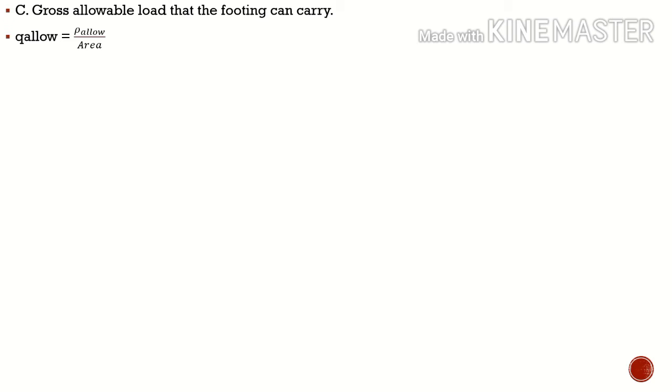We just multiply q allow by the area. Therefore, we have q allow, 326.548, times the area, 1.2 times 1.2. We have a gross allowable load of 470.230 kilonewton.